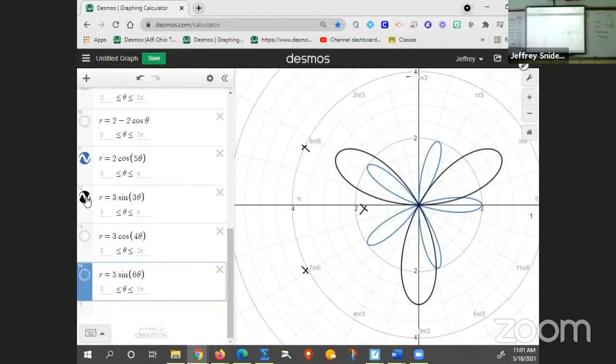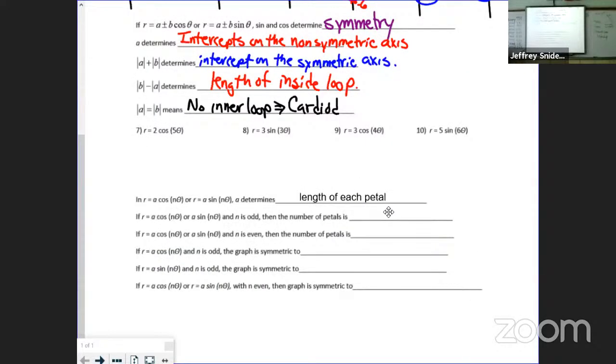What do you notice then? The number of petals is the same as what? N. So on that part of your notes, we are going to type right here, the number of petals is N petals. It's the same as N. Boom. It's N petals.